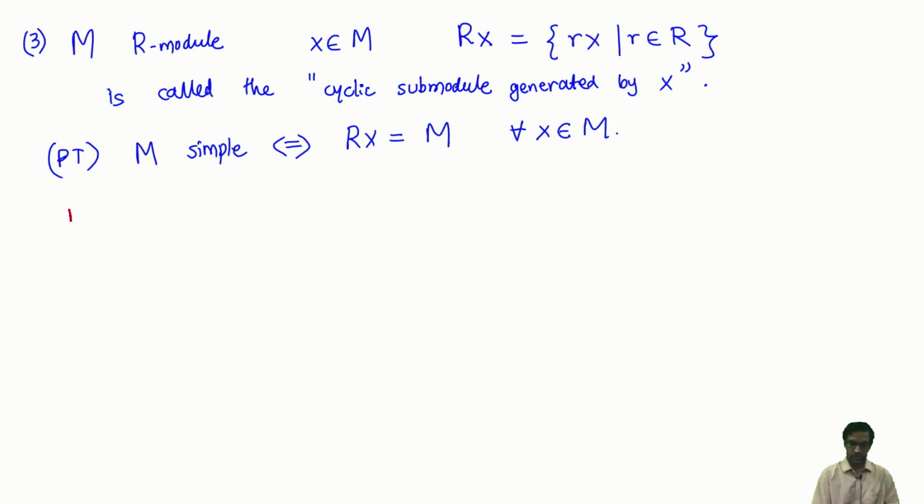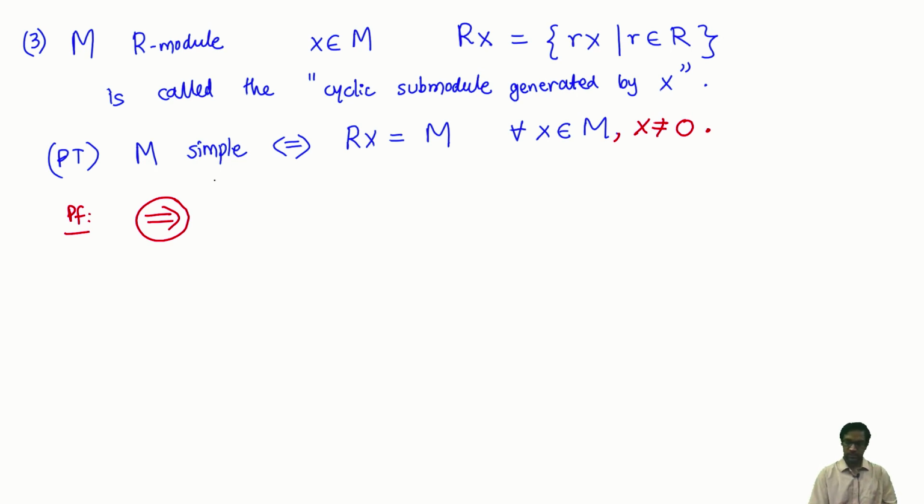So let's prove this. One direction again is very easy. If M is simple, then recall that meant that it has no submodules other than 0 and the whole, and here is a submodule. I should say this is for X not 0, for all X in M other than 0. Of course, if I take X equal to 0, it just generates the 0 submodule.